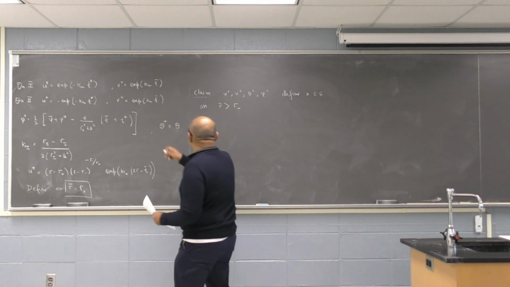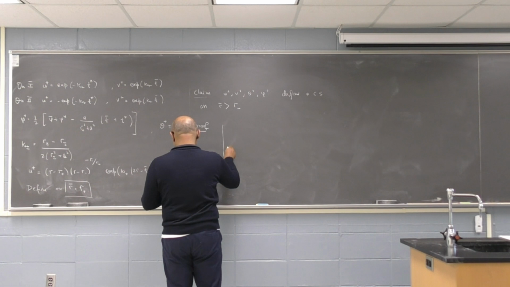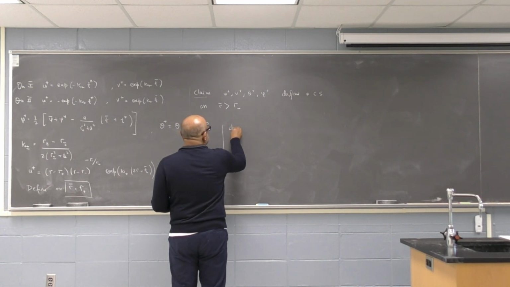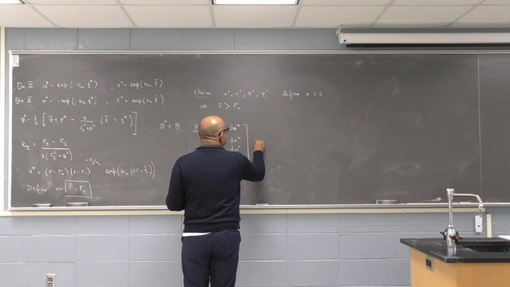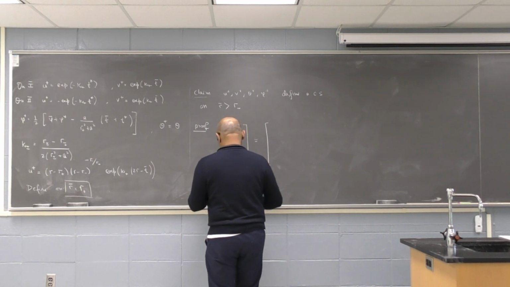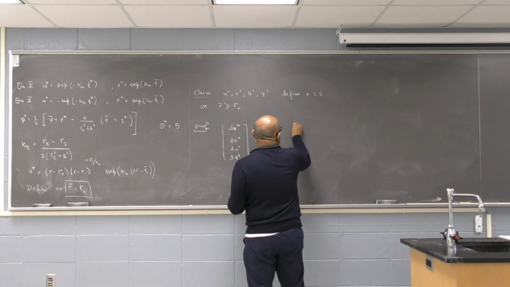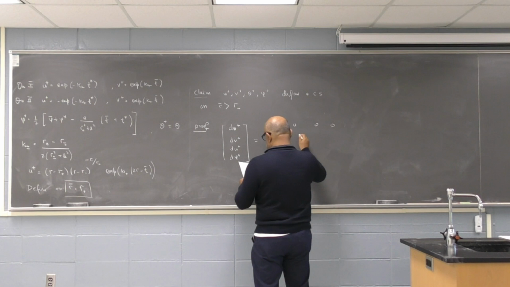If you take these definitions, you'll very quickly see this. There's nothing mysterious about this. dv plus, du plus, and d phi plus is given by the matrix. Theta is not affected by anything else.